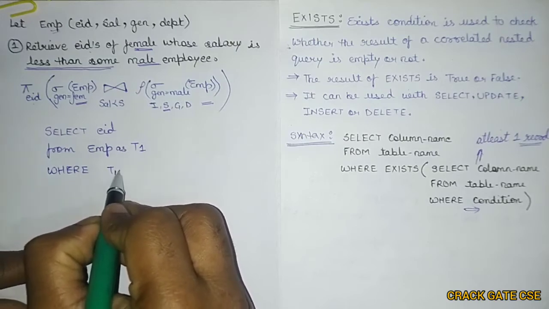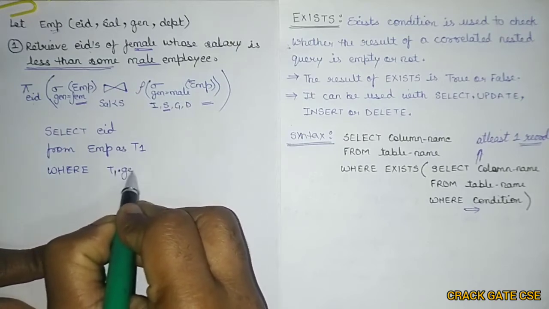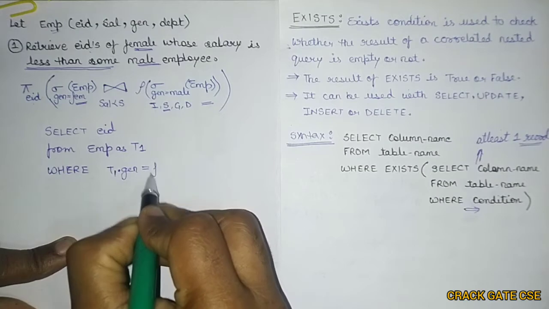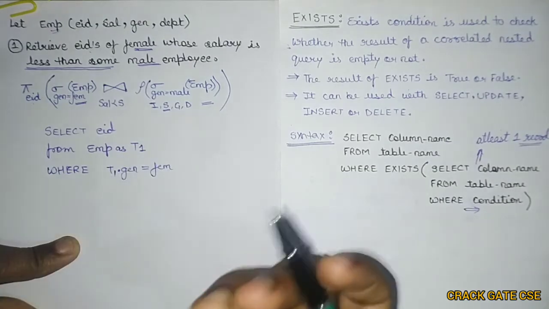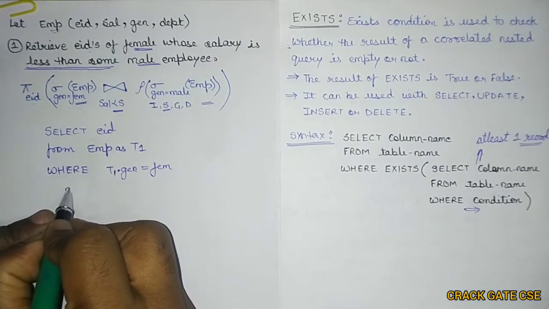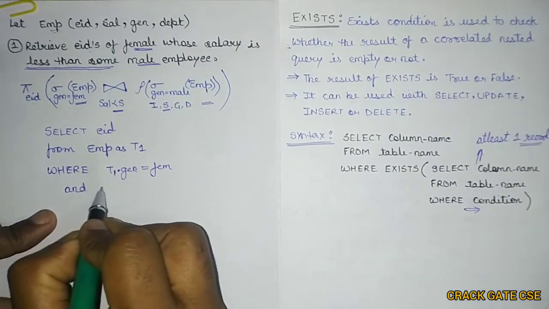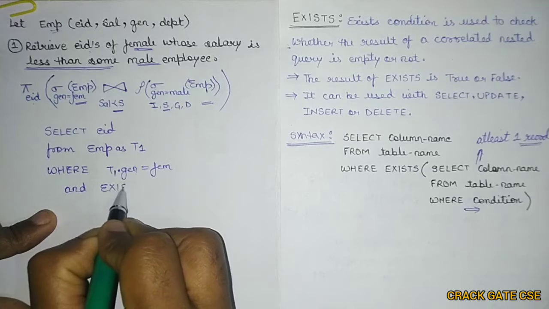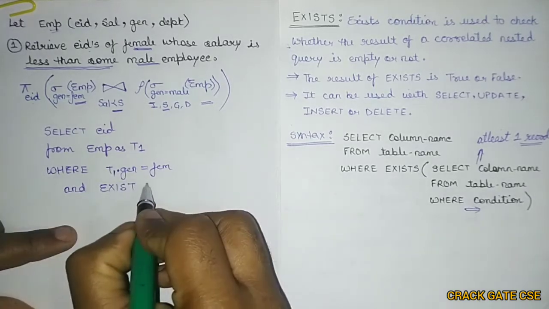So the gender of T1 has to be female. What is the second condition? Of salary. But for that what do we have to do? And exist. Here I am using exist. Let's see how.